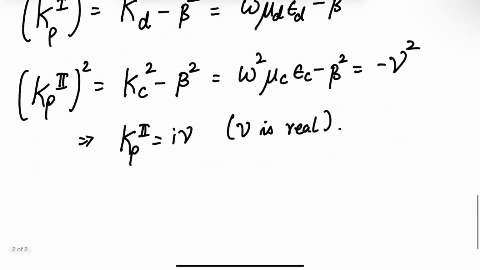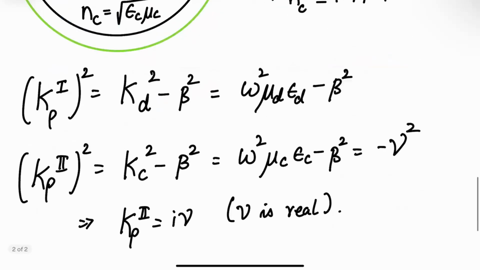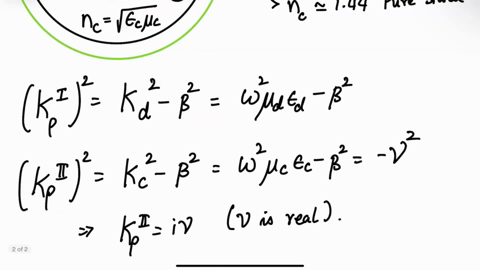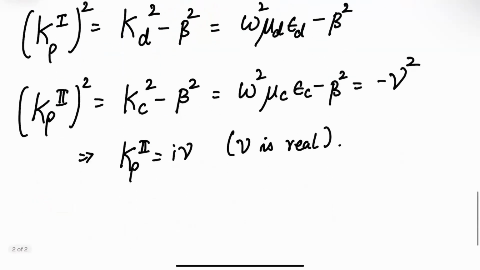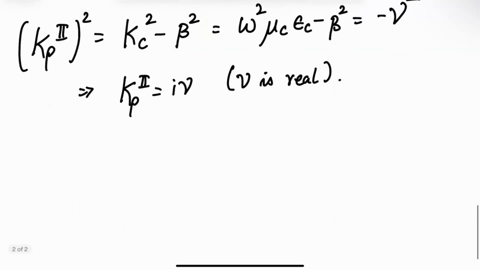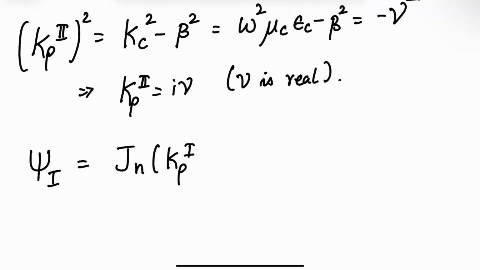Okay, so since we established that in the cladding you want an evanescent wave, and in the core you want a propagating wave along rho at least, essentially it should be some kind of a standing mode inside region 1, and inside region 2 you want an evanescent or decaying mode. From our last lecture, if it's a standing wave in rho, then that takes the form of the Bessel function Jn(k rho 1 rho), and the phi dependence is just e to the i n phi.